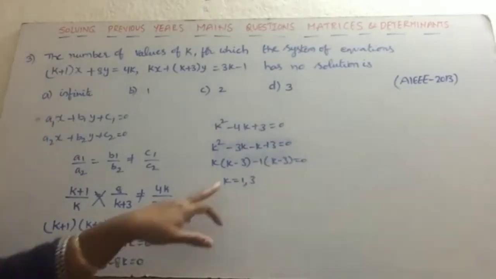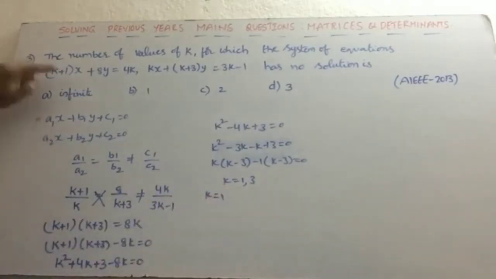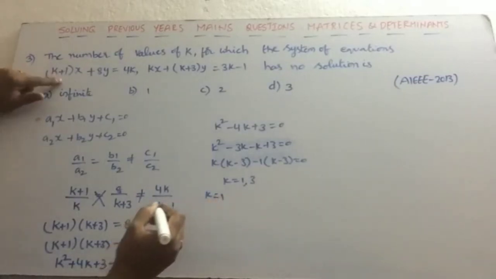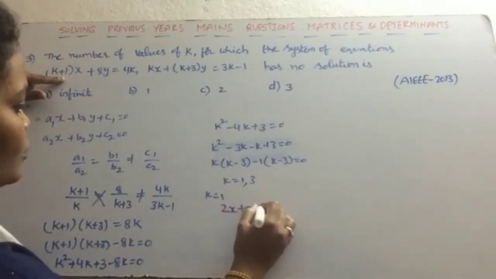Now suppose we put k equal to 1 in the first equation, we will get 2x plus 8y is equal to 4.